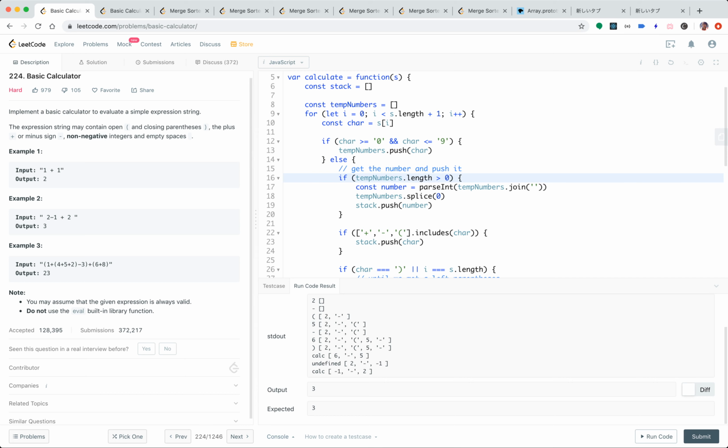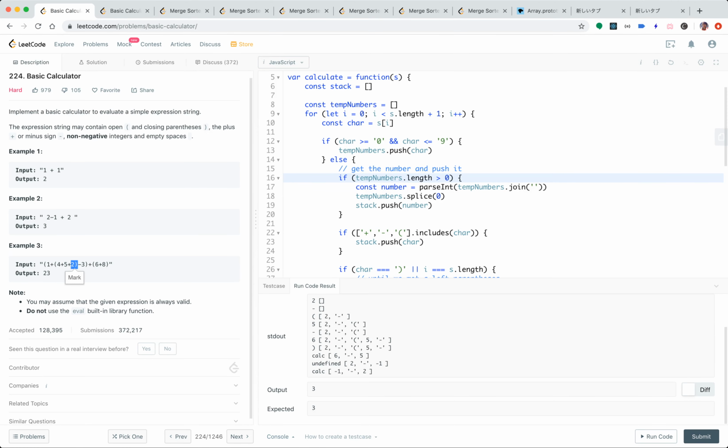Take care that when we push it in, it's the original order, but when we pop it out, it's reverse order. So we keep only using the pop method.